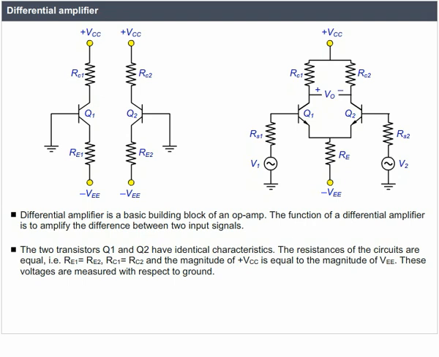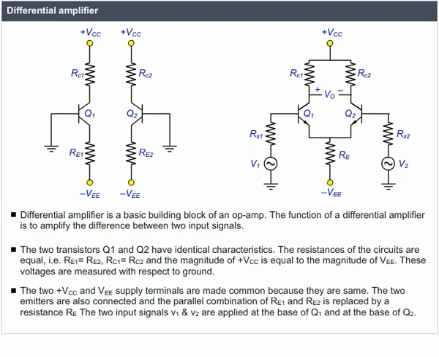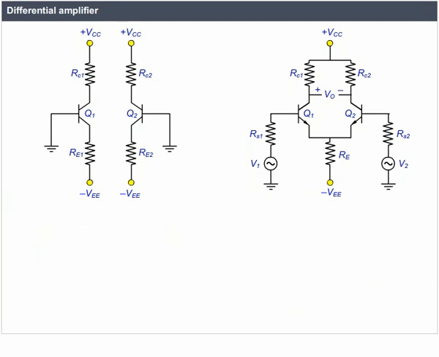The two +VCC and VEE supply terminals are made common because they are the same. The two emitters are also connected, and the parallel combination of RE1 and RE2 is replaced by a resistance RE. The two input signals V1 and V2 are applied at the base of Q1 and at the base of Q2. The output voltage is taken between the two collectors.